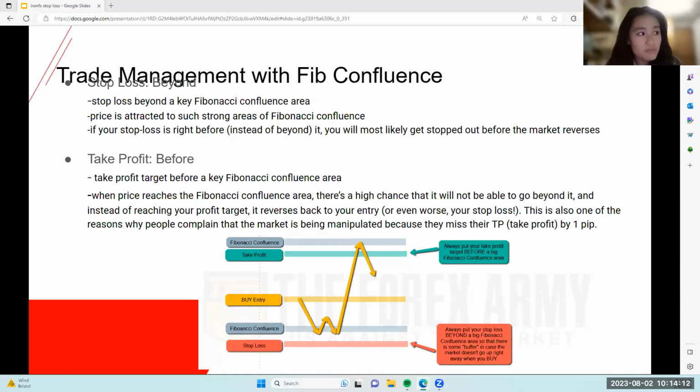The reason for this is because when price reaches the Fibonacci confluence area, there is a high chance that it will not be able to go beyond it, and instead of reaching your profit target, it reverses back to your entry, or even worse, your stop loss. This is one of the reasons why people complain that the market is being manipulated, because they miss their take profit by 1 pip.